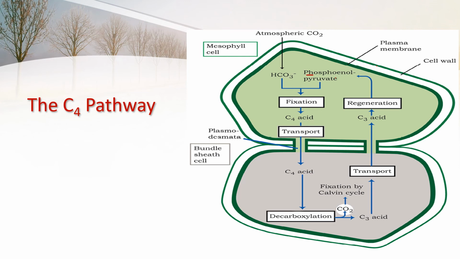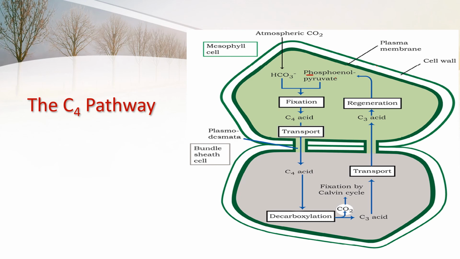First, carbon dioxide combines with bicarbonate along with phosphoenol pyruvate and forms oxaloacetic acid. Then in the mesophyll cell this forms malic acid, which is transported to bundle sheath cells, and here it undergoes decarboxylation, where carbon dioxide is lost, and again a 3-carbon compound, a C3 acid, is formed.